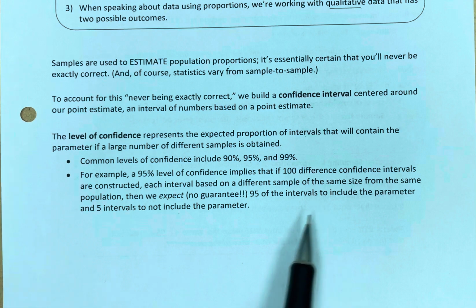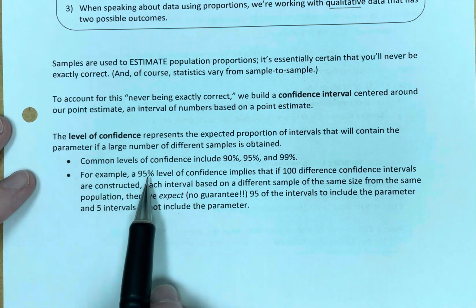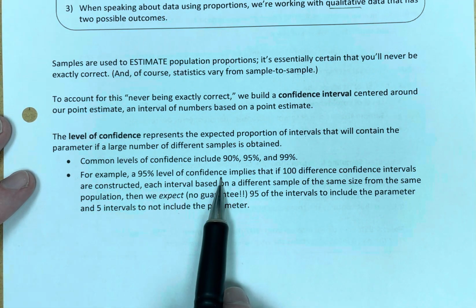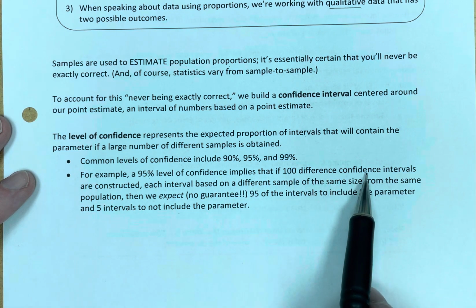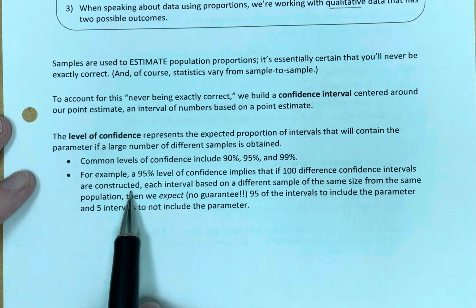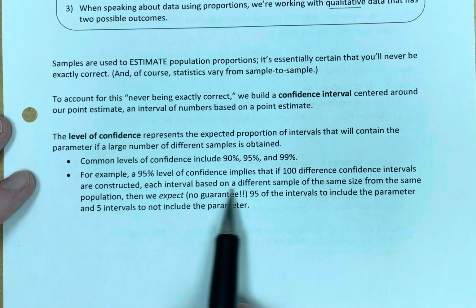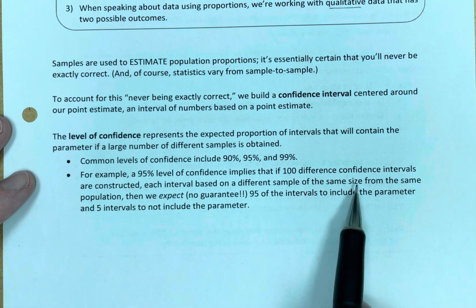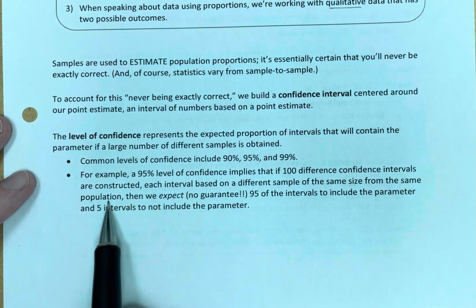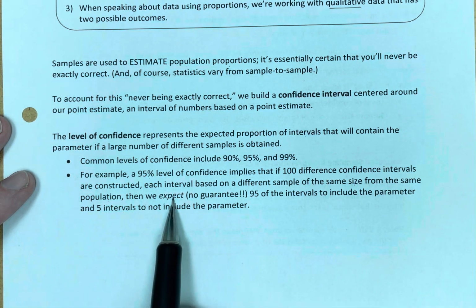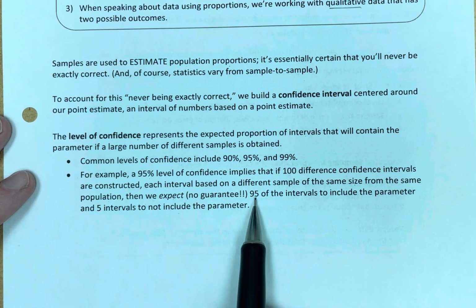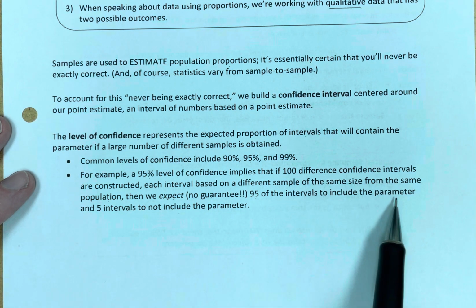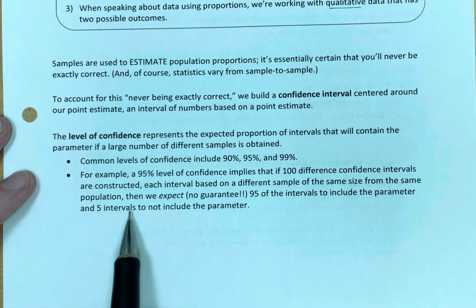For example, and here's how you talk about it. A 95% level of confidence implies that if 100 different confidence intervals are constructed, each interval based on a different sample of the same size from the same population, then we expect, there's no guarantee in statistics, we expect 95 of the intervals to include the parameter and 5 of the intervals to not include the parameter.